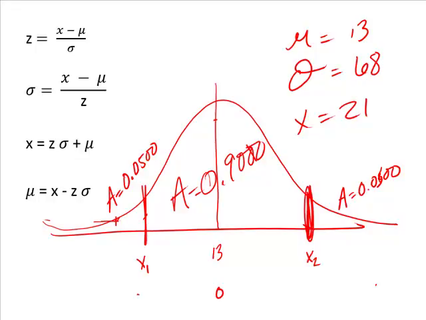So 0.03, 04, 05, 48. No, that's a little too high. 409. Right? So it's somewhere between negative 1.6, and it's somewhere between 4 and 5, right? It looks to be equidistant between 4 and 5. All right, so negative 1.645.